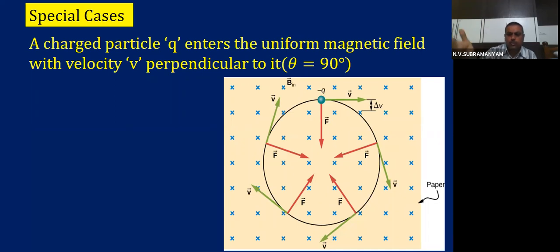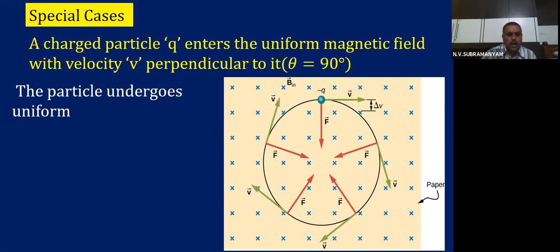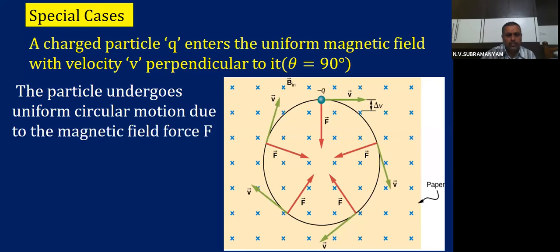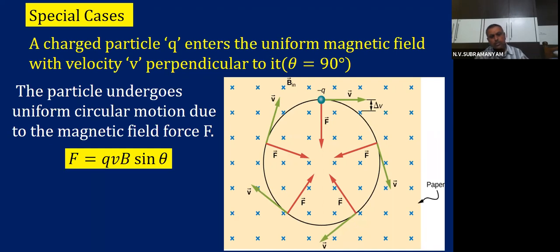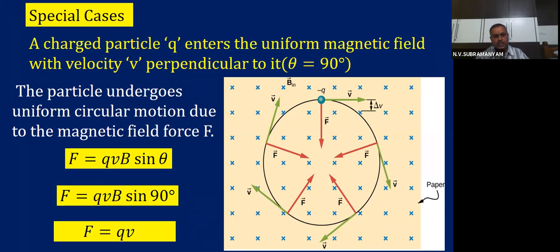So this force acts as centripetal force and the particle will go in circular motion. It will follow a circular path. It will move in a circle, an exact circle. So the particle undergoes uniform circular motion due to the magnetic field force F. F is QVB sin theta. And F is QVB sin 90 because theta is 90 degrees.